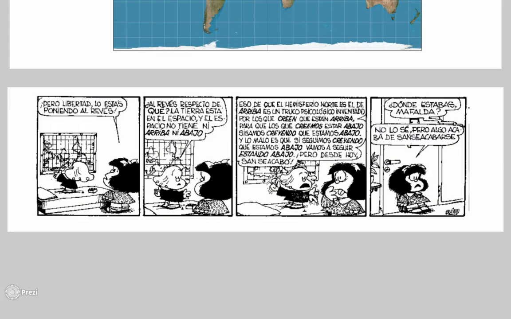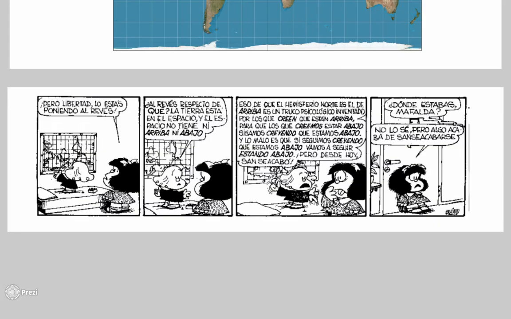So Mafalda speaks to Libertad, who is hanging a map on the wall, and says, "Pero Libertad, lo estás poniendo al revés." And the little girl answers, "¿Al revés respecto de qué? La Tierra está en el espacio y el espacio no tiene ni arriba ni abajo." And she continues on, "Eso de que el hemisferio norte es el de arriba es un truco psicológico inventado por los que creen que están arriba, para que los que creemos estar abajo sigamos creyendo que estamos abajo.